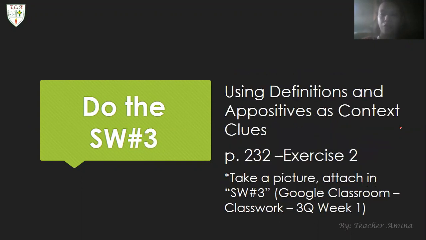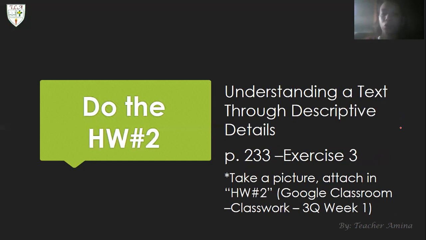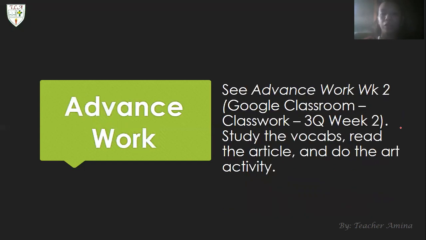For your next seat work, do page 232, exercise 2, using definitions and appositives as context clues. And for your homework, do page 233, exercise 3, about understanding a text through descriptive details. And your advanced work for week 2 will be posted on 3Q week 2 on Thursday or Friday.